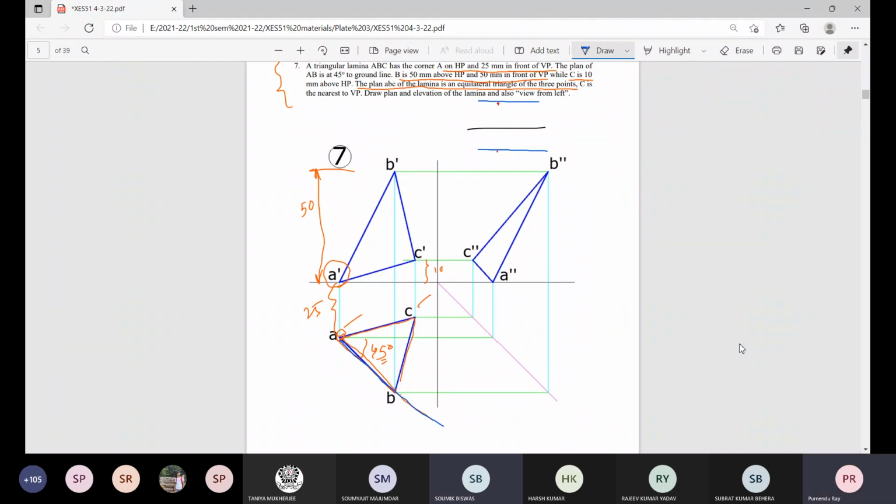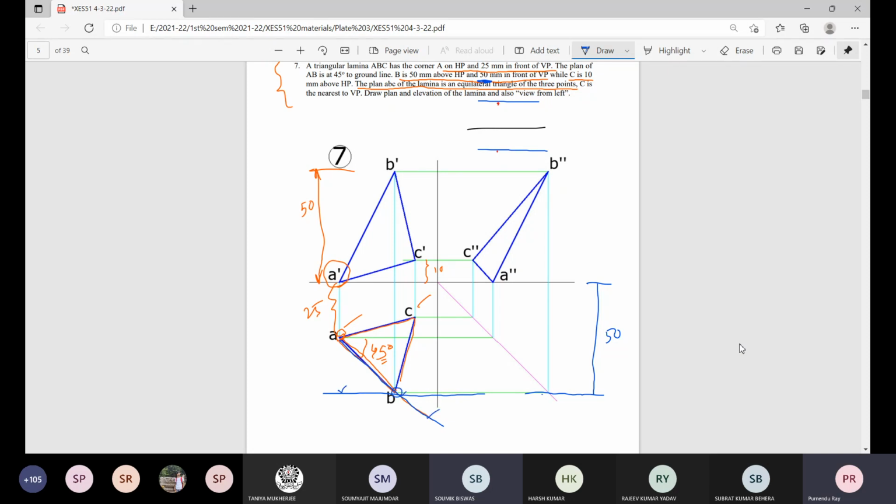And what about the distance of B from the ground line in plane? That is the distance of point B from the vertical plane. It is 50 millimeter. So at a distance of 50 millimeter, we draw a horizontal line and get the point of intersection with this 45-degree line.